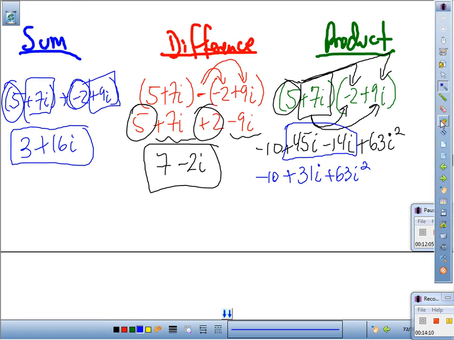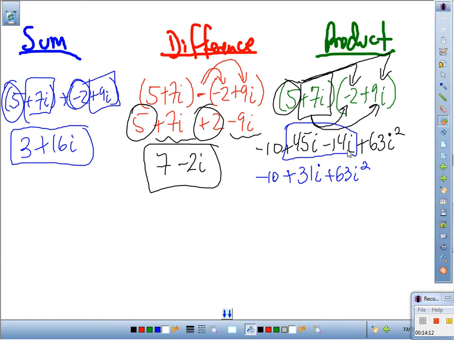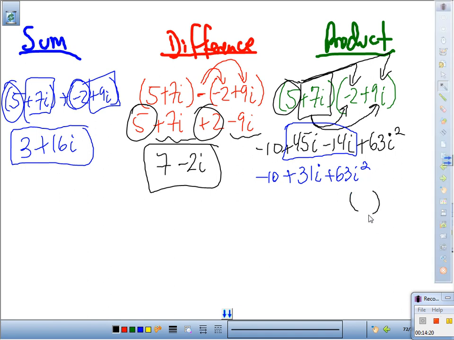No. By now your noodle should know what to do at that point. Tell your neighbor what to do, please. No. Substitute for i squared, negative 1. Remember we covered this the other day? Instead of i squared, we write what? Negative 1.